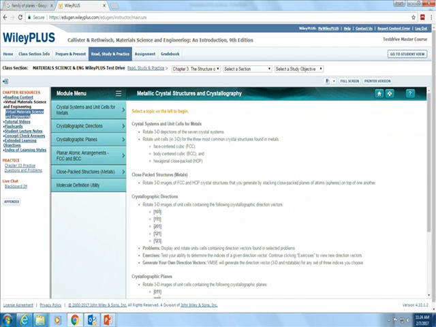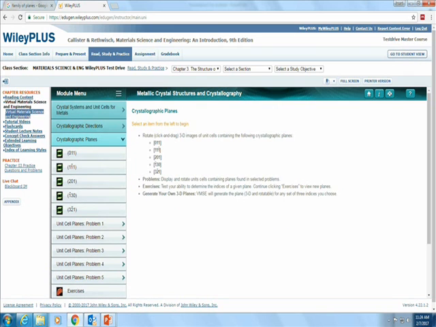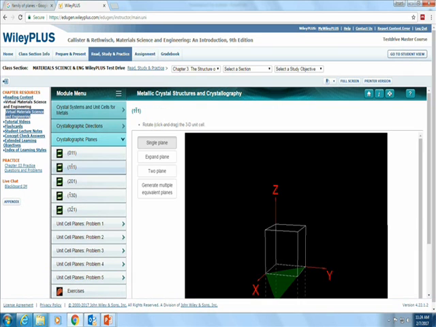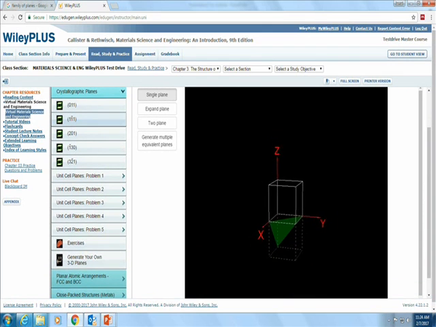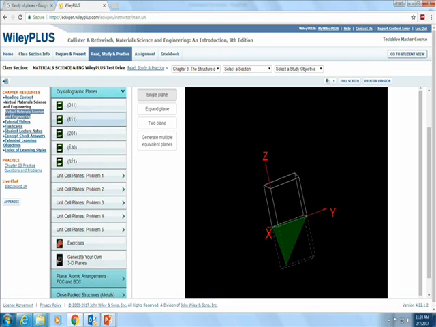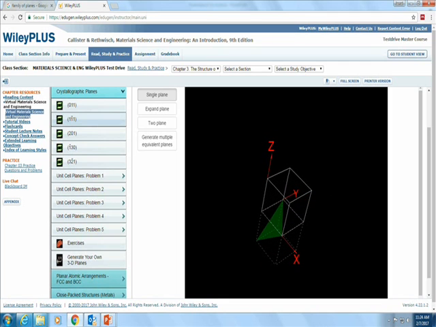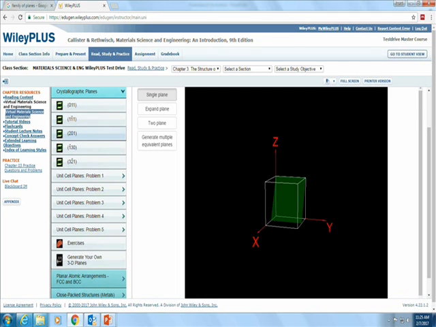Click on Materials, Crystal Structure, and then look for crystallographic planes. As you can see, we have planes like this one, and you can explore it. You can zoom in, zoom out, and look at these planes at different angles, similar to what you see here. For example, this one is 201, so on and so forth.